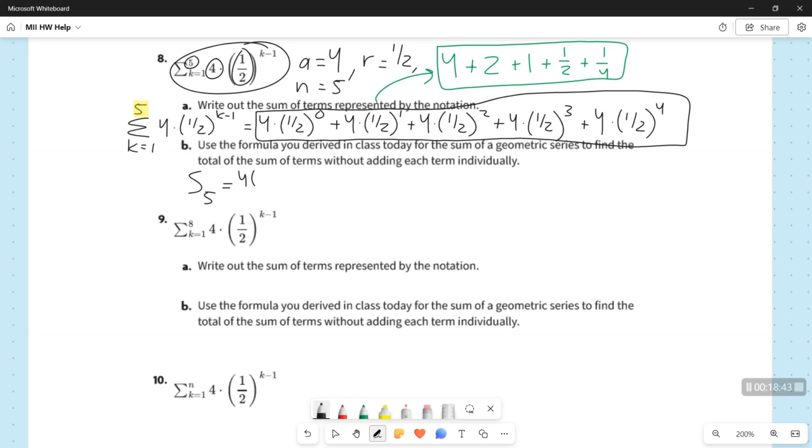We multiply by our common ratio, which is 1/2, and we raise that to the n power, which in this case is 5. We subtract another a value, which is 4, over our rate, which is 1/2, minus 1. And this is our answer. All we have to do is clean it up a little bit.